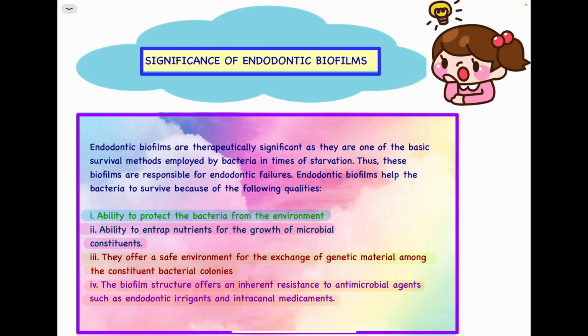Its crucial function is that it protects the bacteria from the environment. It also has the ability to entrap the nutrients for the growth of microbial constituents. We have discussed previously that because of the large amount of aqueous content of the biofilm, there is diffusion of nutrients within the biofilm. So the biofilm takes up nutrients from the saliva, and in turn it feeds the bacteria which are present within it. So eventually there is growth of bacteria.